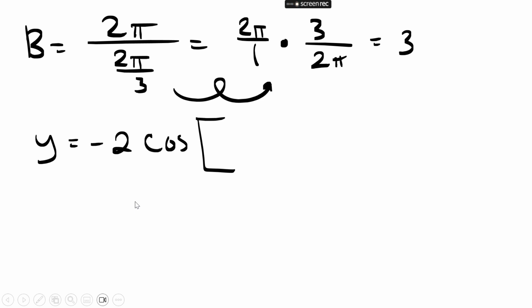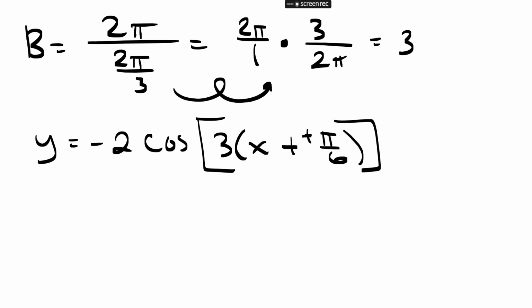Okay, cosine. We just figured out our B value is 3. Oh, and then do we have a phase shift? Yes, we do. The formula says we have to put a minus sign. But the start of our cosine curve is a negative pi over 6. So what we do is we just make these positive here. And then it will be a plus 2.